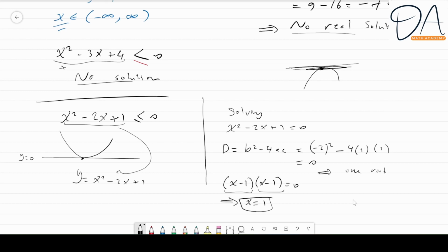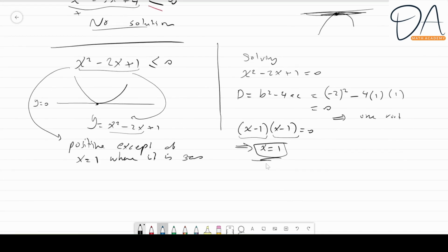So for example, if we select 0, this will be 0 plus 1. So it means the function is positive except at x equals 1, the root, where it is 0.